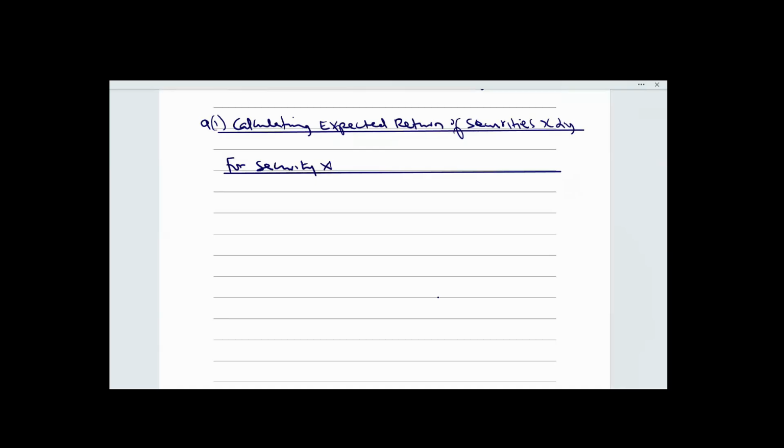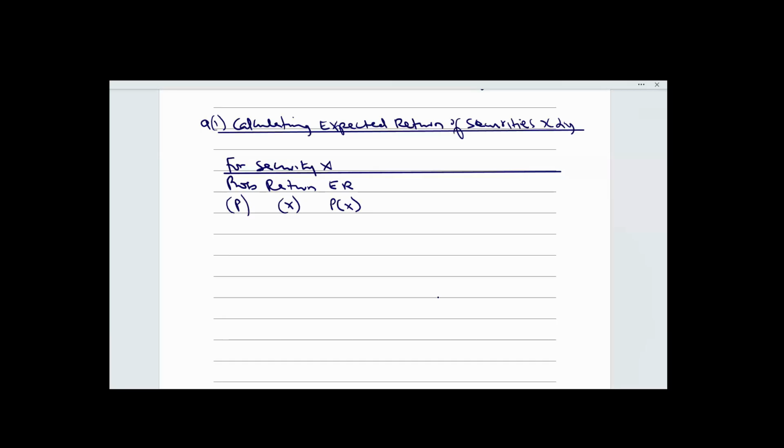To calculate the expected return, you create a column for probability, denoted as P. Then the next column will be for return, which is for X, since we are doing security X. Then we calculate the expected return, which is probability multiplied by X. Because we also need to calculate the risk of individual security, meaning the standard deviation, you need to calculate variance first.